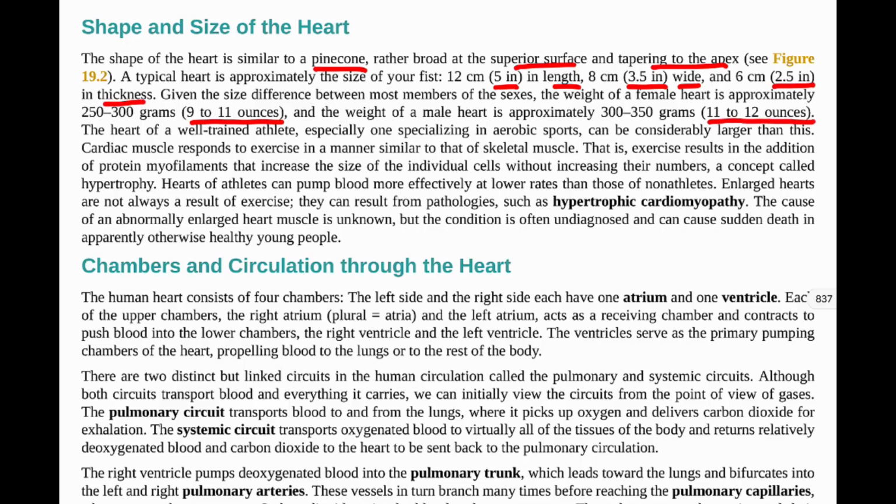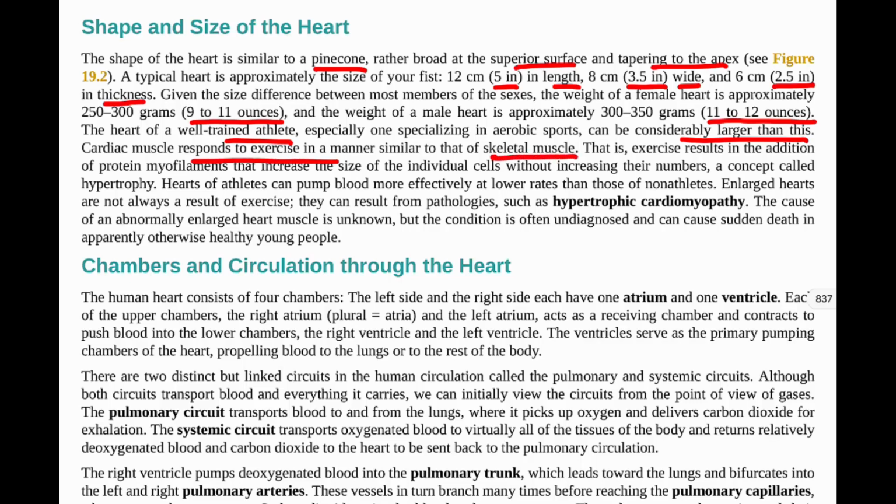Of course, that changes drastically when we look at different things like age, exercise levels, and height. So the heart of a well-trained athlete, for example, especially one that does aerobic sports, can be much, much larger than this. So it really depends, but these are general ideas. The cardiac muscle responds to exercise in a manner similar to that of the skeletal muscle.